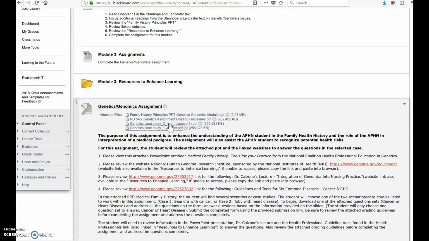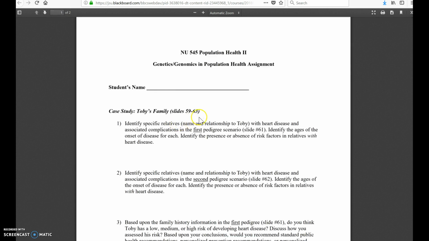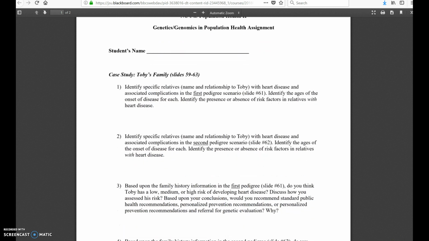But when you choose that, it's going to tell you some certain slides to go through, and you're going to answer questions looking at certain slides. So let me just go to the heart disease one here while we're looking at this. What you're going to see is it gives you a series of questions.